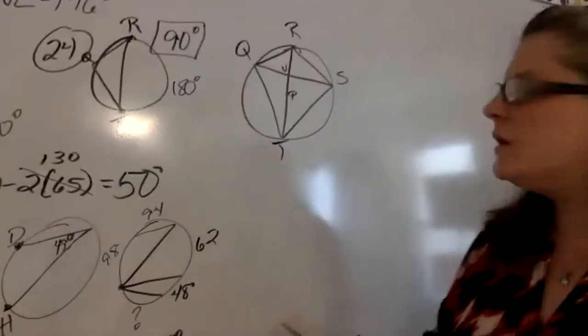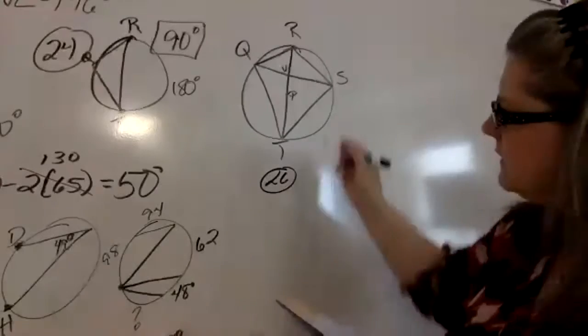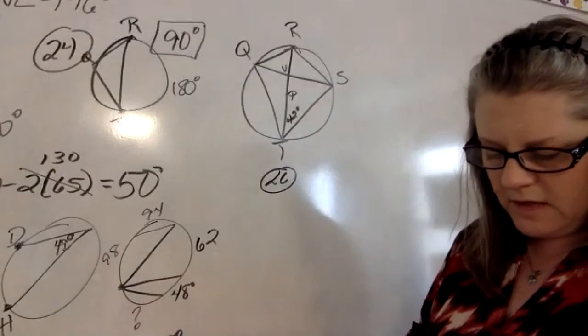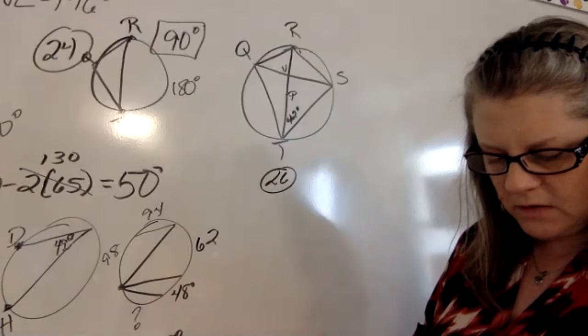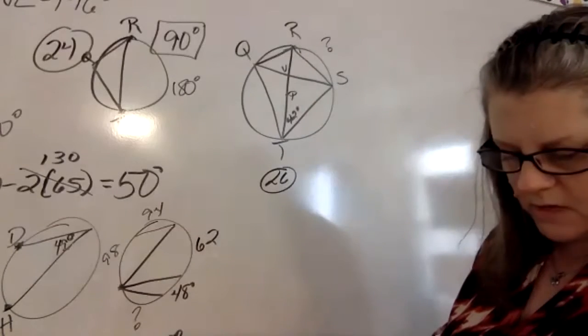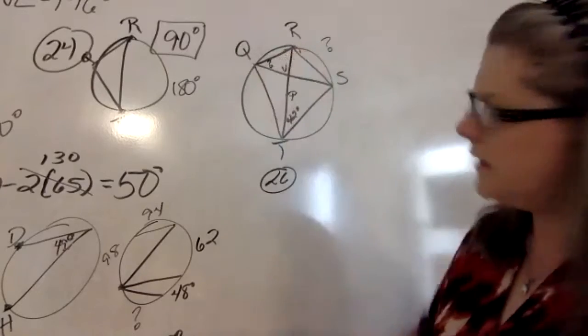Okay. So for number 26, it said that this angle down here was 42 degrees on your picture. And it wants to know the measure of RS, this arc, and then it wants to know the measure of angle SQR, that angle right there.